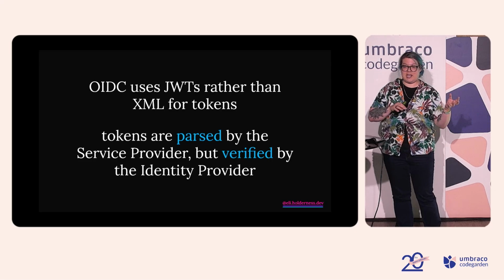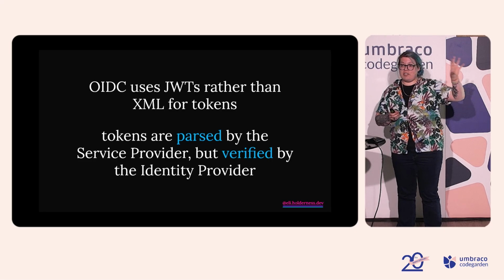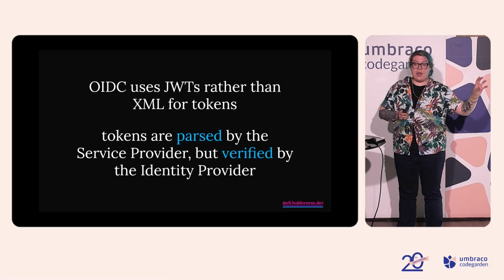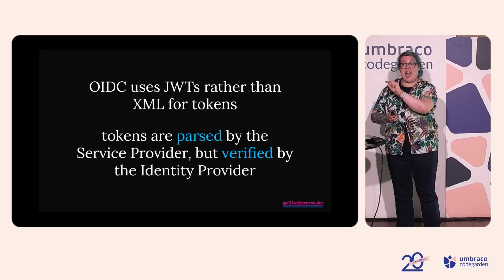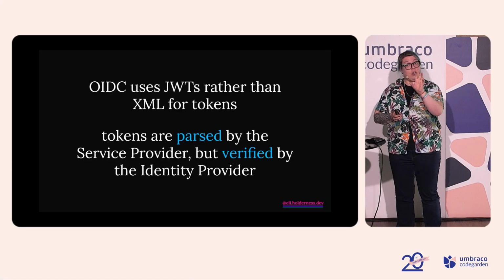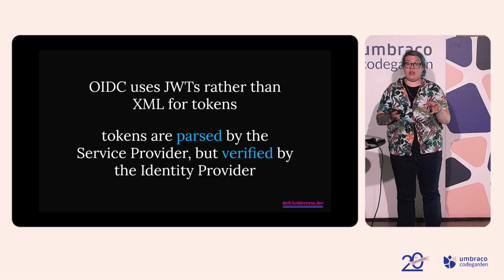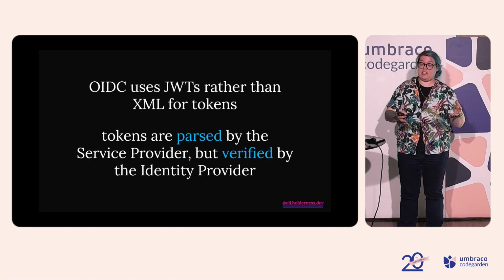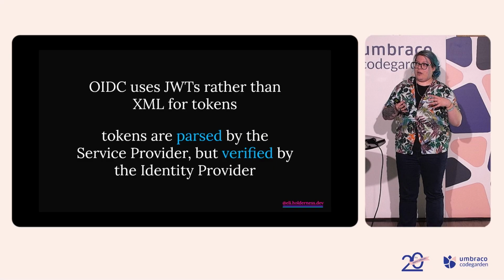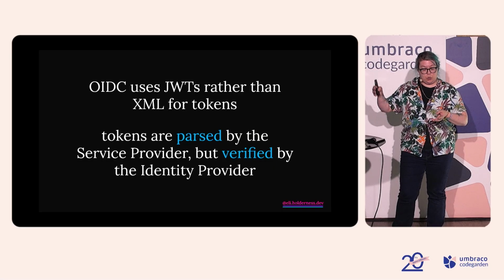So the token of authentication, my tea shop can go, cool, I've received this token, and I think it's okay. But if they want to double check, they can check with the identity provider directly. They can communicate directly. This means that your OpenID Connect identity provider can't be on a secure network that your service can't reach, but it does give you an extra layer of security, and you're able, as a service provider, to verify the information you've been given directly with the source.